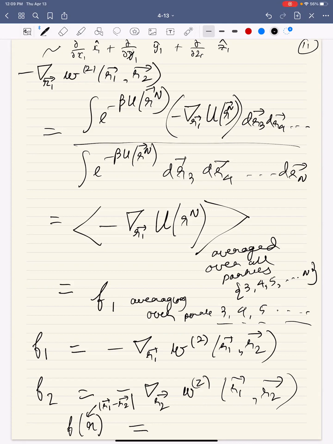Anyone? Can we get that from this? Can we just write down gradient with respect to the distance r? Or can we not? We have to be careful.